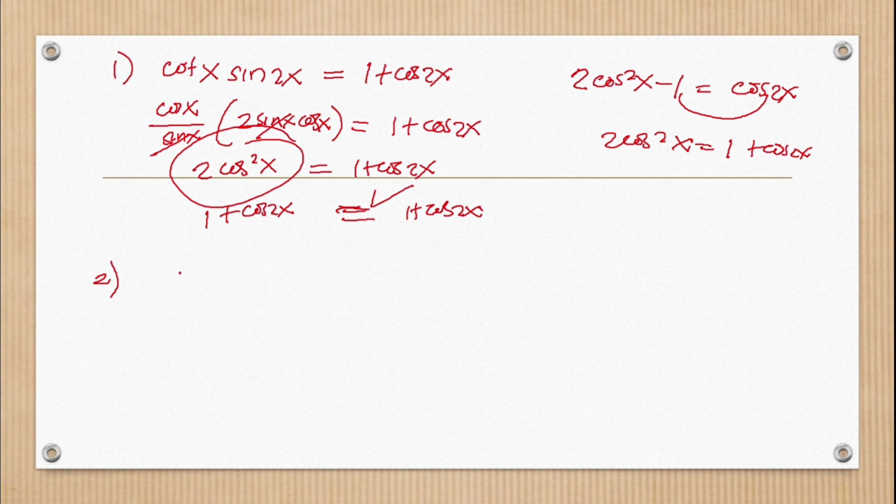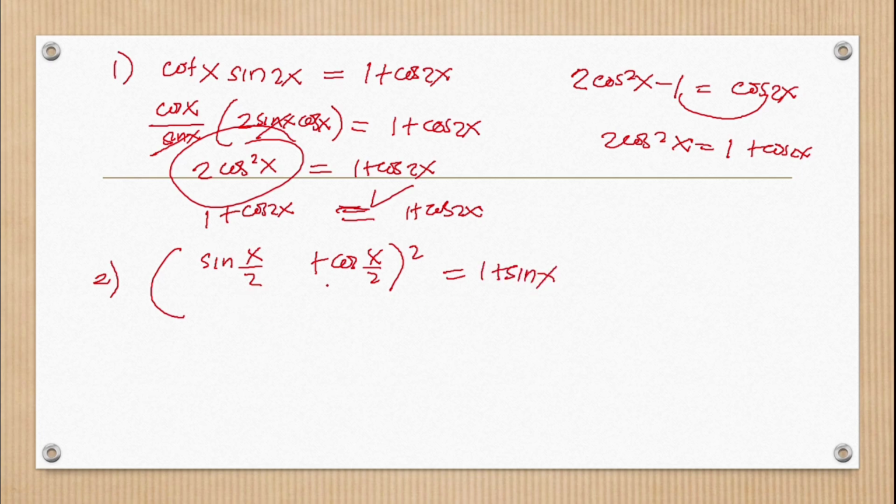So we have here number 2. In number 2, we have the problem: sine x over 2 plus cosine x over 2, squared, is equal to 1 plus sine x. So by the use of a plus b squared is equal to a squared plus 2ab plus b squared, algebra identities.